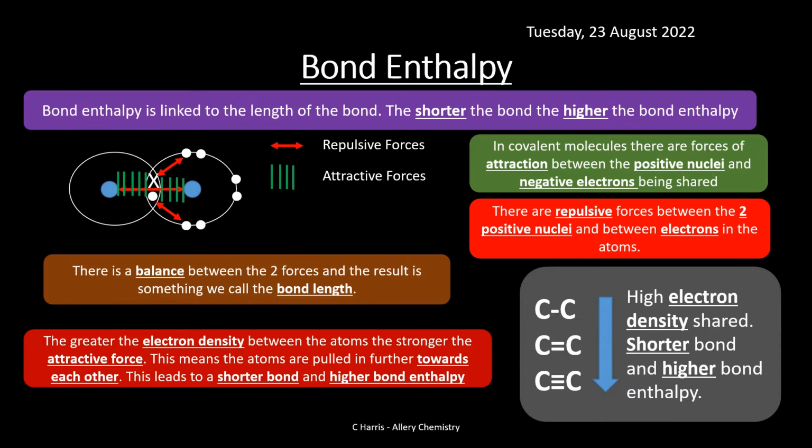We can look at this in terms of single, double and triple bonds. High electron density is shared between them, so as we go down, we get a shorter bond and a higher bond enthalpy. Your triple bond is shorter than a double bond, and a double bond is shorter than a single bond. The reason is this density is shared between them, and this will become a little more apparent when we look at orbitals.